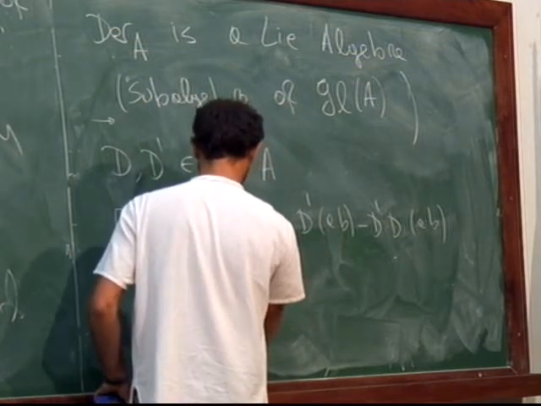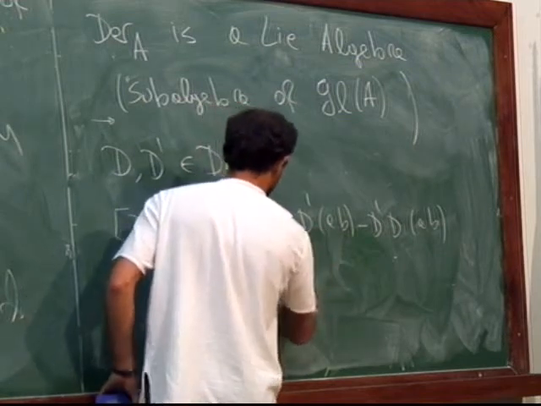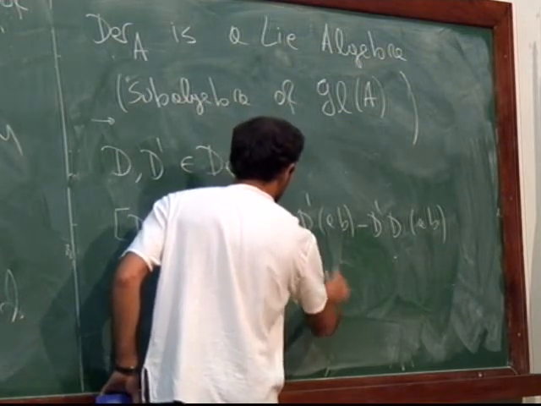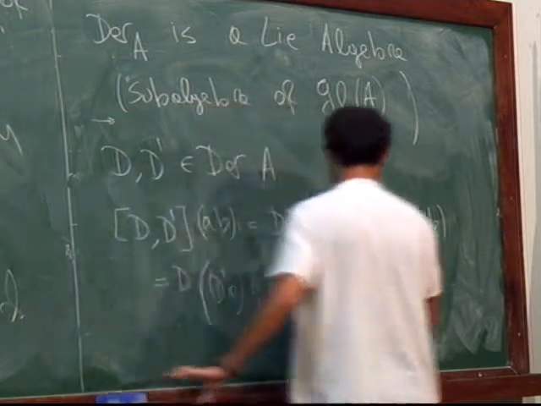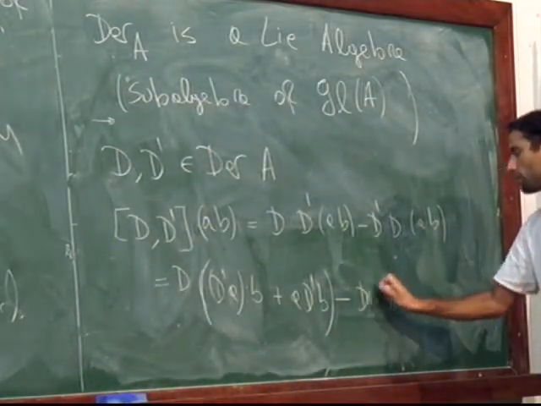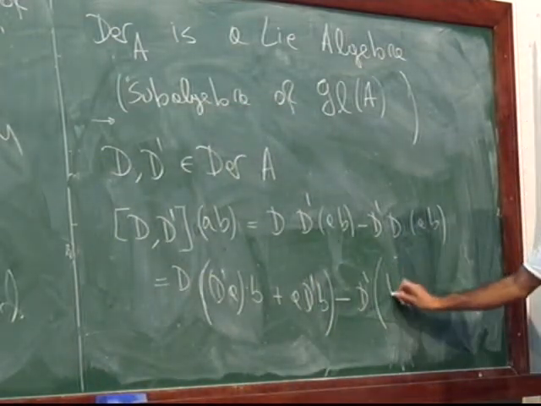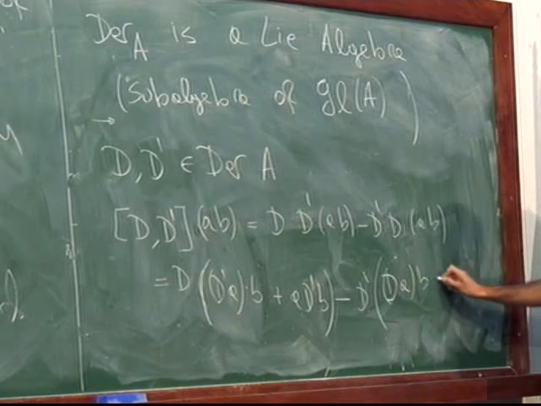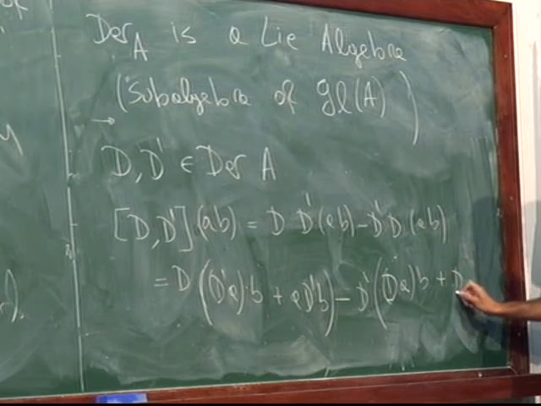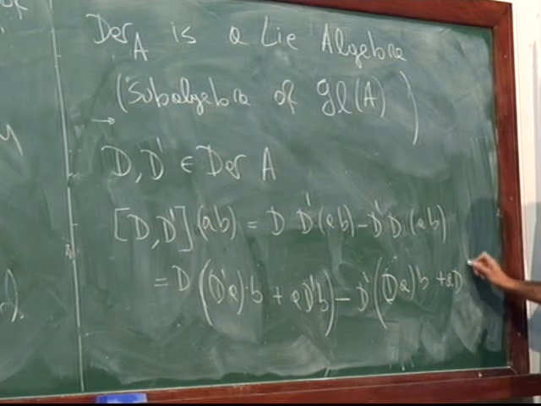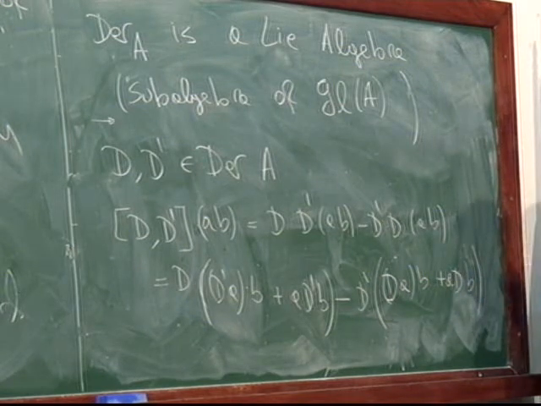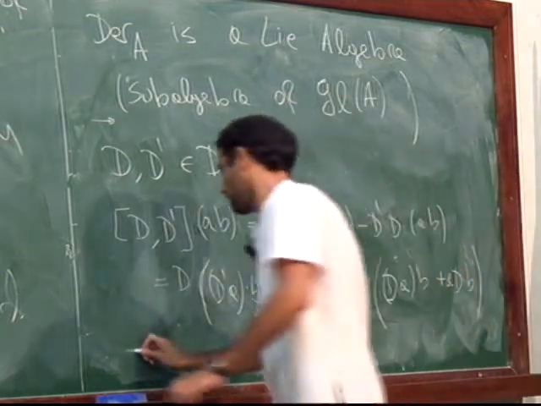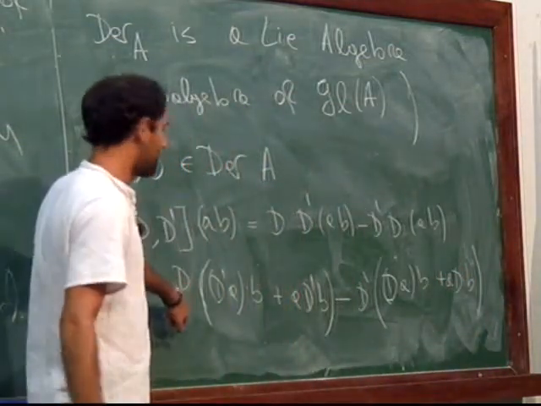Let's be careful. Plus A times D prime B. So that's just this guy. Minus D prime acting on dA times B plus A times dB. And now D is a derivation.